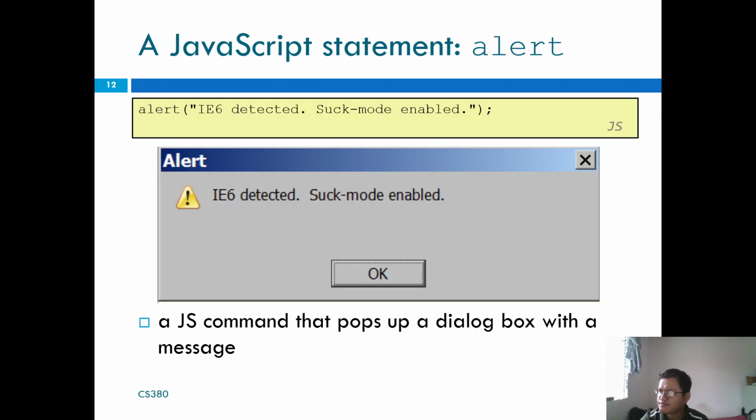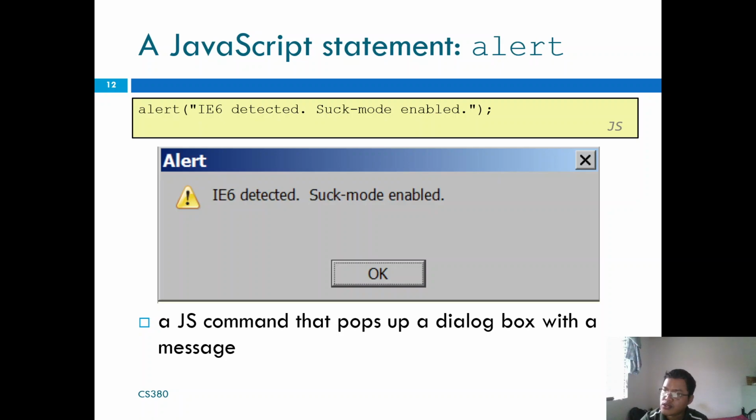So, we're familiar with printf, right? To print something on the console. In JavaScript, in order to force a web browser to display a dialog box or a pop-up, we will use the alert function.